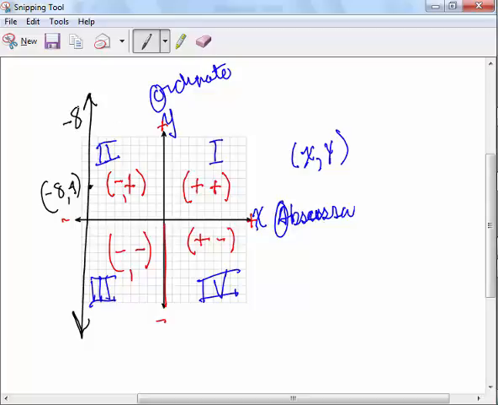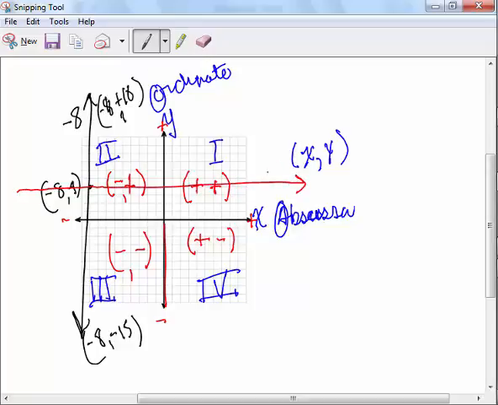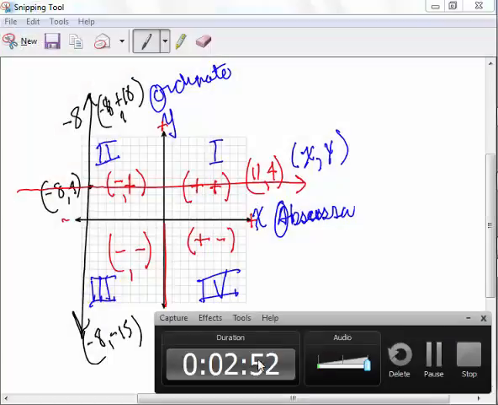Doesn't matter where, some of them will be up here, might be negative 8, positive 10, and this one might be negative 8, negative 15, something like that. And then the other thing that's true is as you go across, these points all have a positive y coordinate. Doesn't matter what the x coordinate was. Over here it might be positive 11, 4, and so on. So that's something that it's important to note.